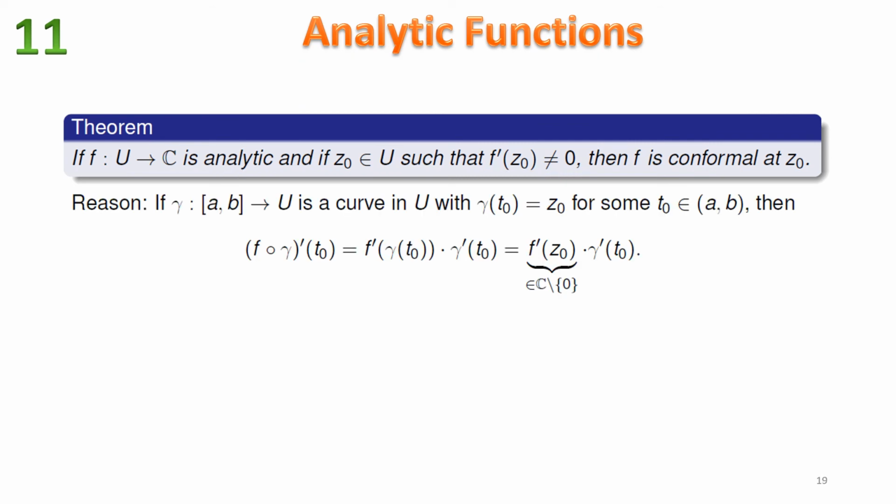Thus, we can conclude that analytic functions are conformal functions if their derivatives are non-zero. If the derivative is 0, it is out of the question. If the derivative is non-zero, then it is conformal.